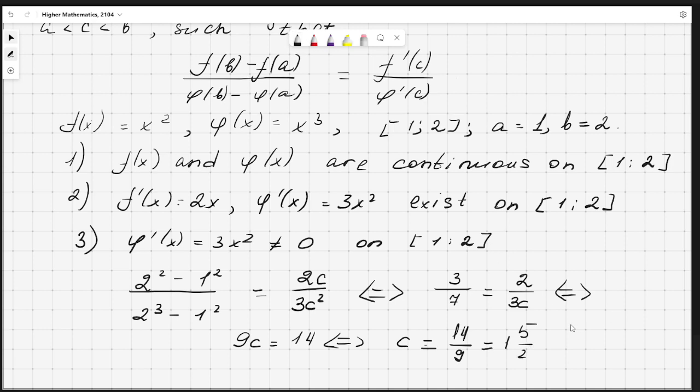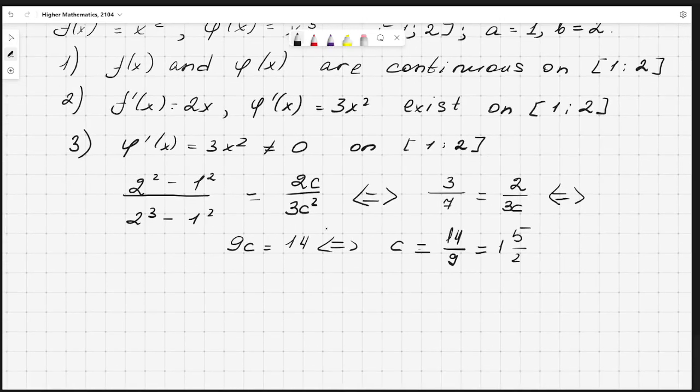This point lies between 1 and 2. We find this point.